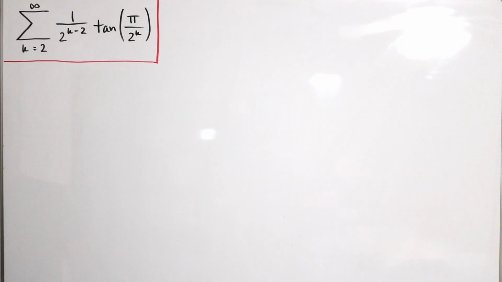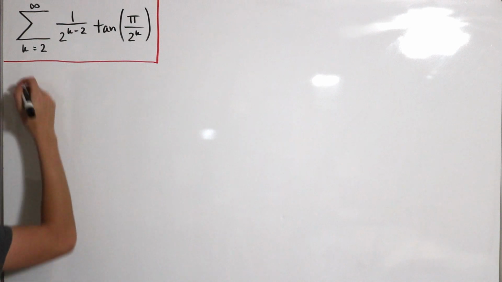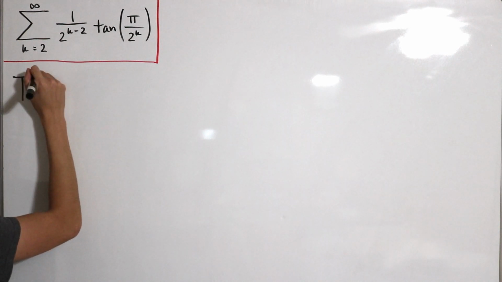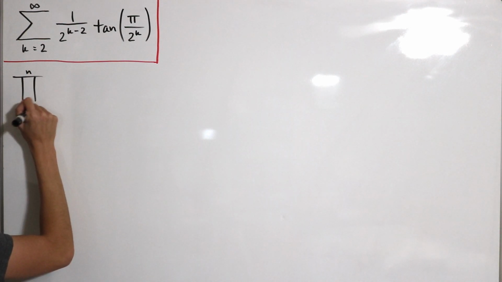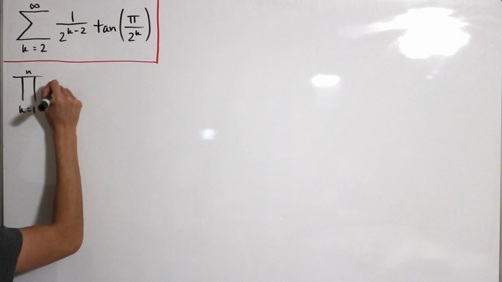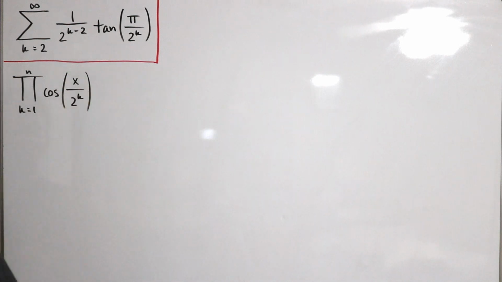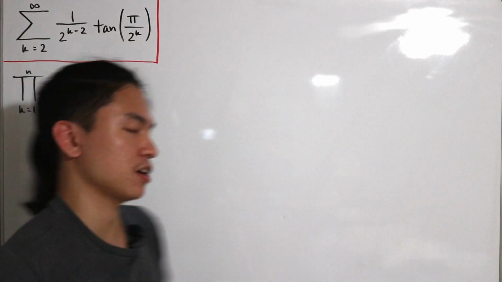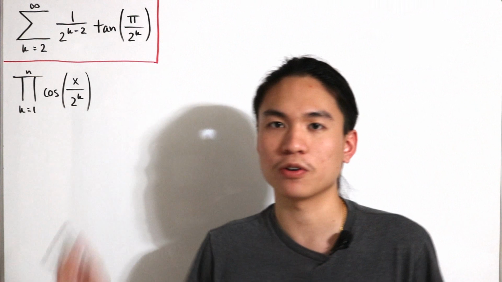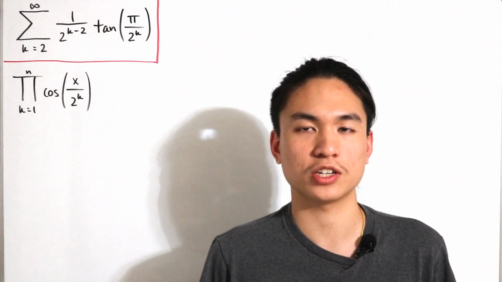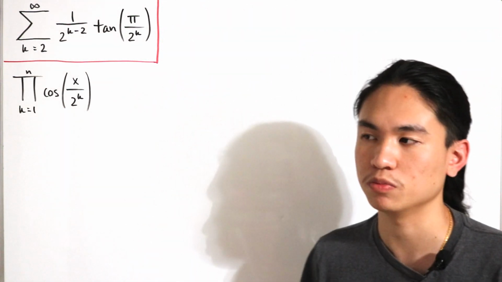So we're going to start with the following partial product series. Here we have the partial product from k is equal to 1 of cosine of x divided by 2 to the power k. I did prove this value back in the video I just mentioned, so if you want to check that video out, the link will be in the description below.